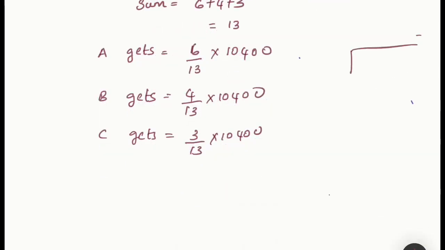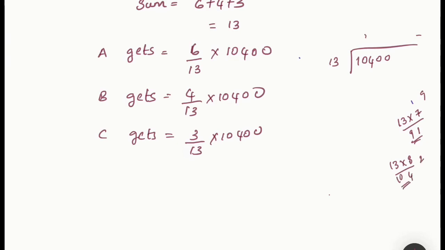So here let me divide 10,400 divided by 13. Let me check, what is 13 sevens? 3 sevens are 21, 3 ones are 3, so 91 we have for 13 sevens. 13 eights also let's check. 3 eights are 24, 2 balance.